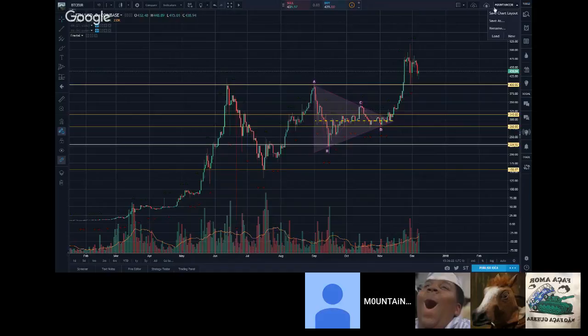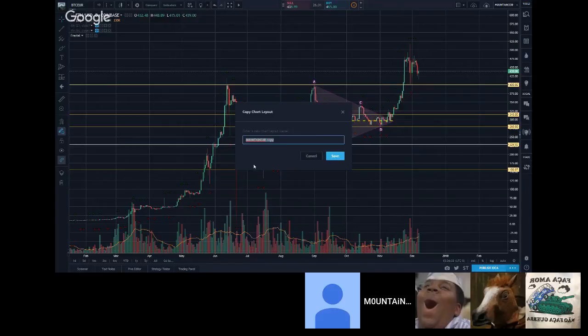If you don't have a chart saved yet, you're just going to see this button. You're going to click that, and it asks you for a chart name. In this case, I'm going to do save as, and I'm going to save this as, I call it ETH USD, and I put a colon, and I call it Coinbase. That way I know I'm looking at Ether, US dollar on Coinbase, and I click Save.